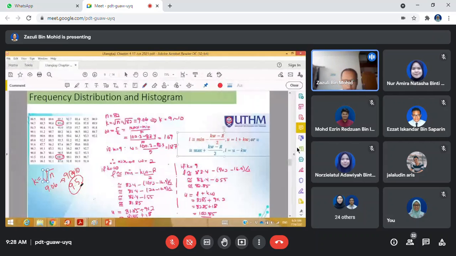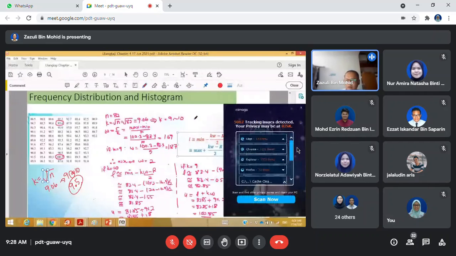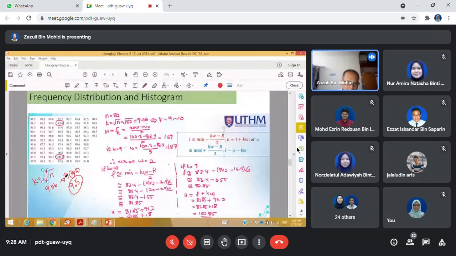So in this case, if the value is like this, 9.06, I recommend you take the smaller value.